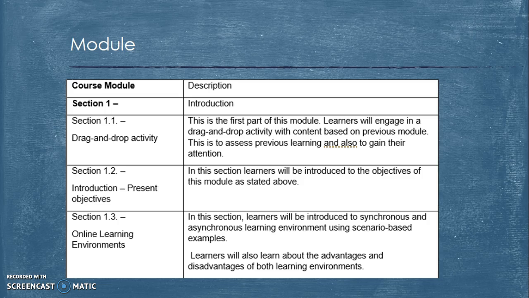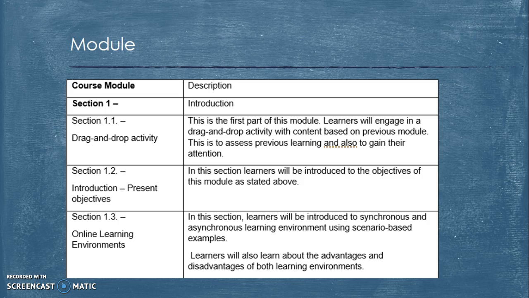Learners will be engaged with this activity based on the content they've learned from the previous module, because this module of this project is just the second module of the entire online learning module. The online learning module has 3 major modules, but for the purpose of this class, I only chose the second module, which is the collaborative learning tools.